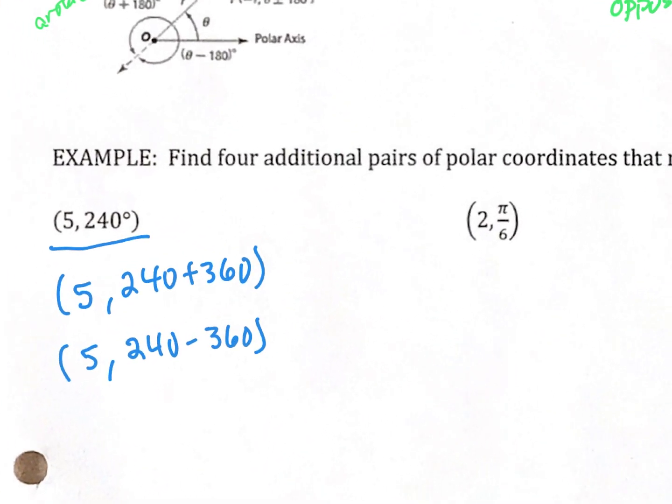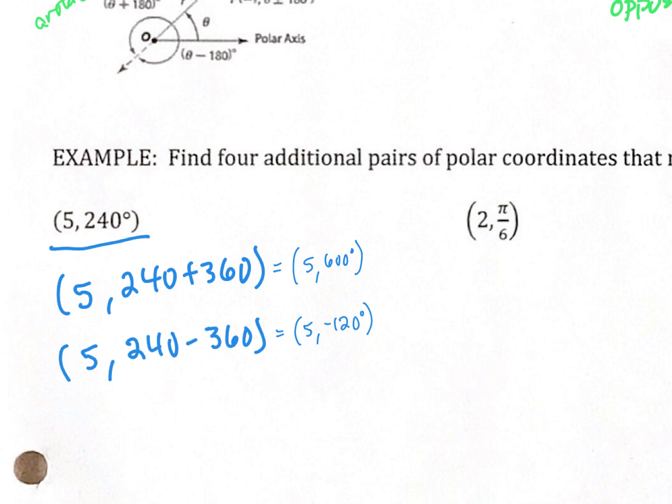In other words, we get a new point 5, 600 degrees, and the point 5, what is that, negative 120 degrees. Okay.